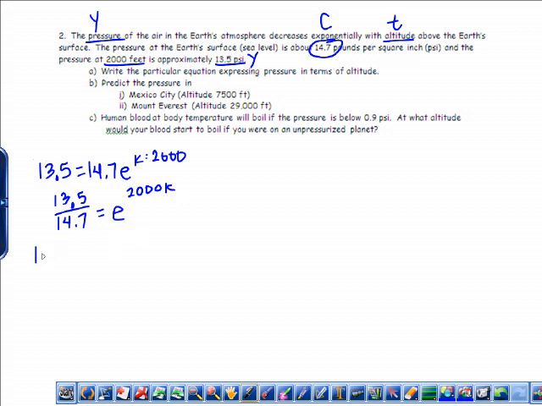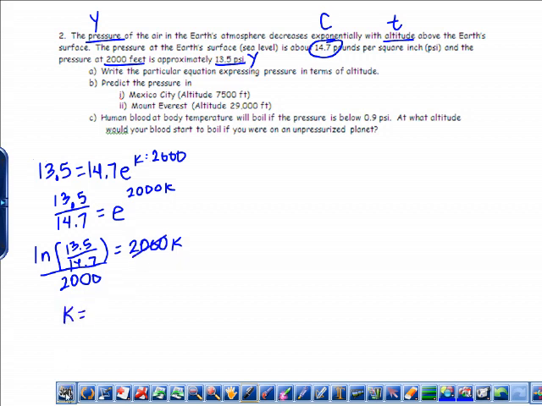And then we take natural log of both sides. Natural log of 13.5 over 14.7 is equal to 2,000k. And then we would divide by 2,000.